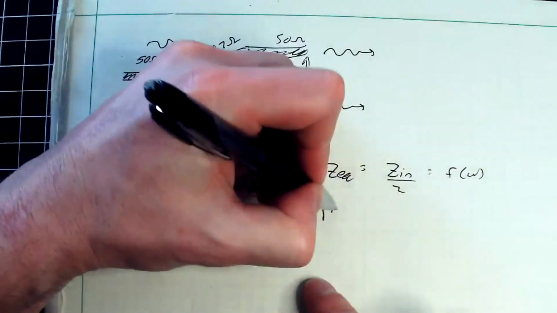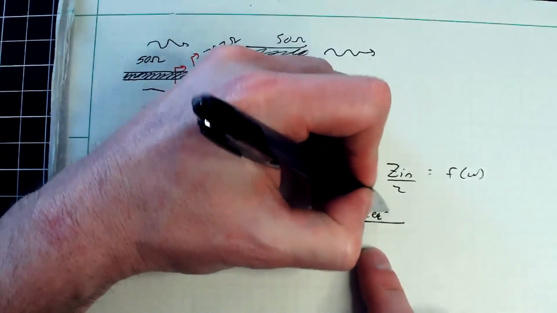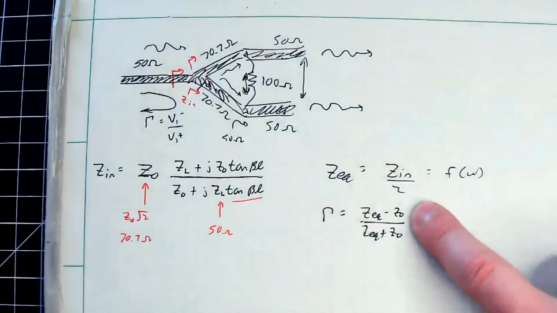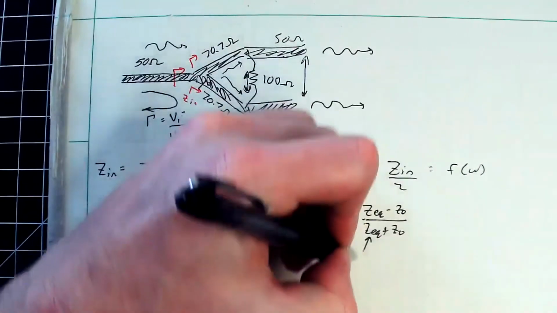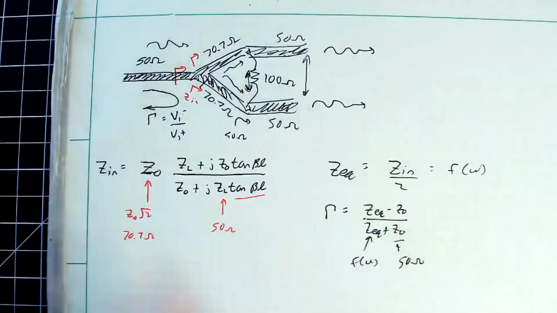Then my gamma will be Z EQ minus Z naught over Z EQ plus Z naught, where Z naught is now 50 ohms, and Z EQ is whatever we calculate here, which should be a function of frequency. This guy here will just be a fixed 50 ohms.